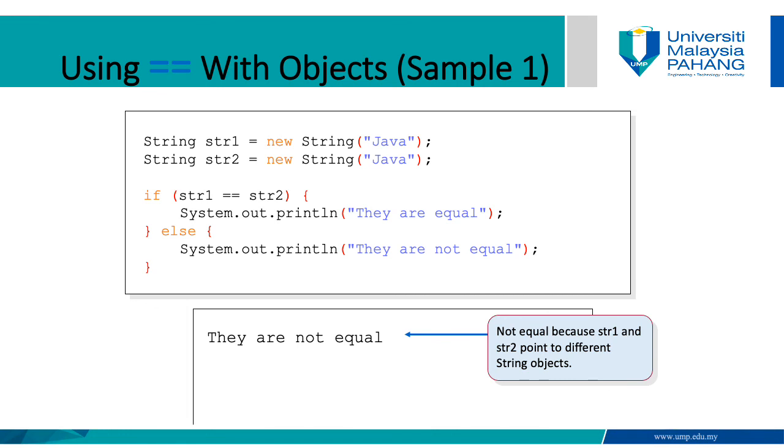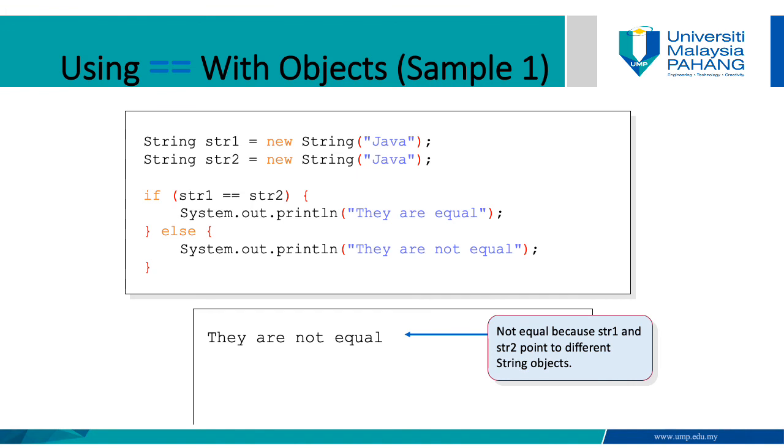In this example, we use the equal symbol with the objects. When we use the equality operator, which is the double equal symbol, we can compare the contents of the variables, which here are str1 and str2.